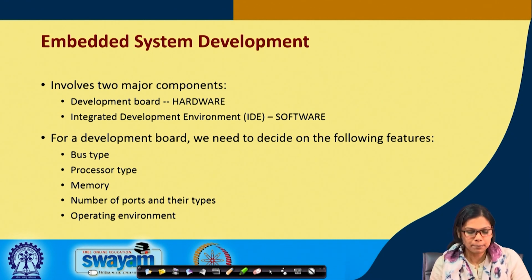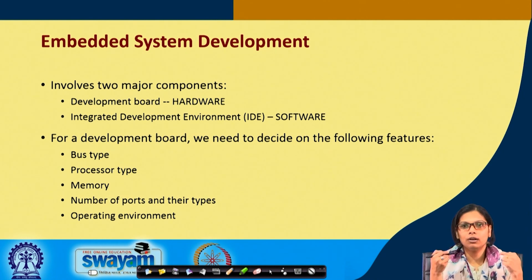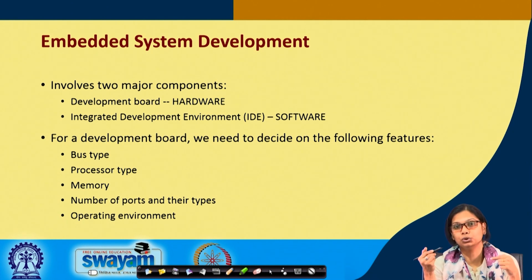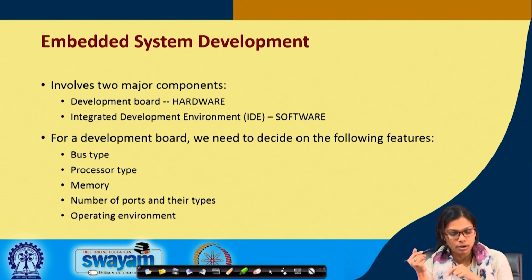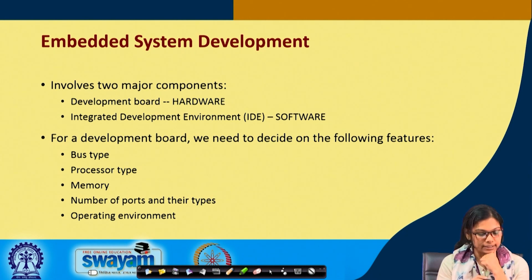Now, for a development board, when we try to design a system, we always think upon that what kind of development board we should use. So, in that regard, upon which criteria we should select which development board to use is based on the following features. One is the bus type, another is the processor type.